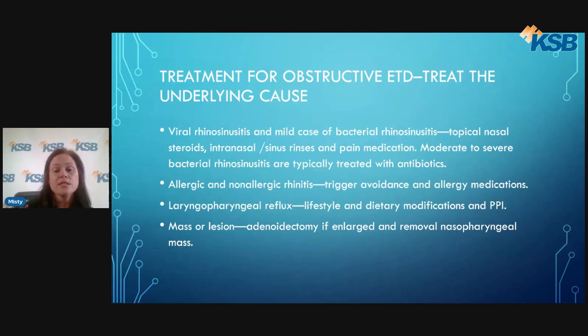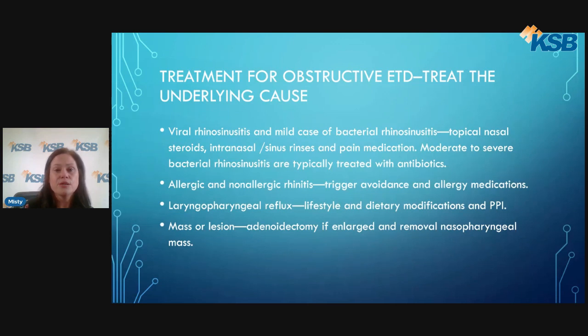Laryngeal-pharyngeal reflux can cause obstructive Eustachian tube dysfunction. The treatments would be lifestyle and dietary modifications. Whatever may trigger the acid reflux, which we see a lot with caffeine, chocolate, mints, spicy and acidic foods, we would have the patient avoid those foods.